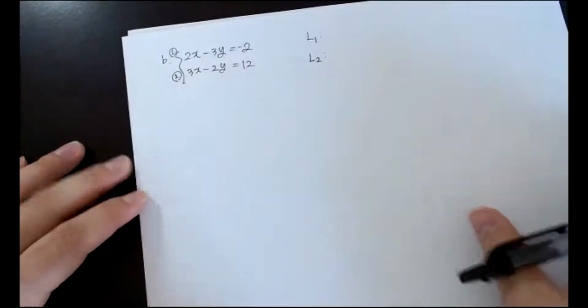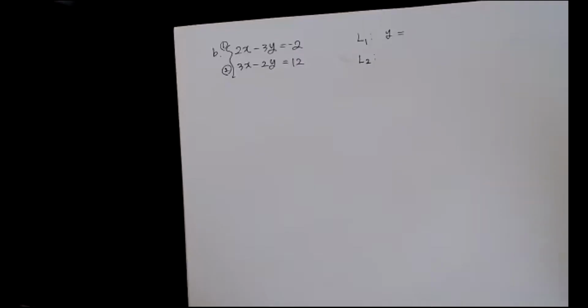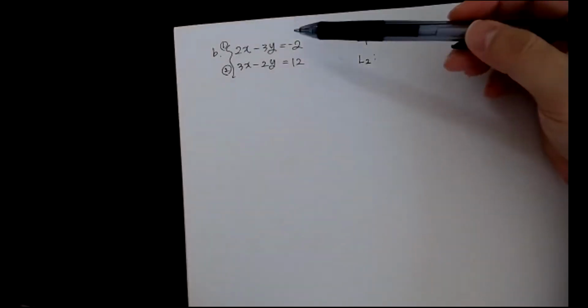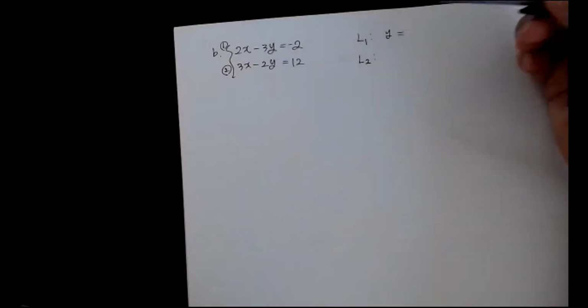To figure out the graph of the equations, let me rewrite both equations in slope-intercept form. For the first equation, y is equal to, subtract 2x and then divide by -3.